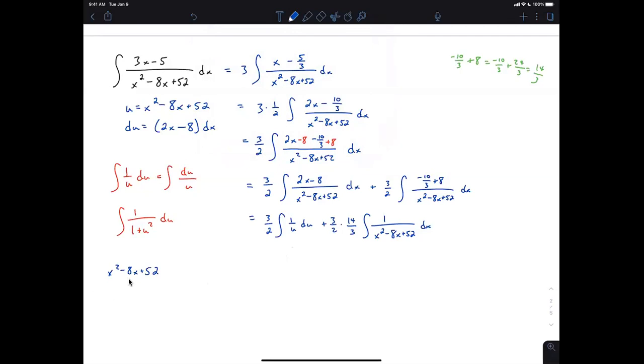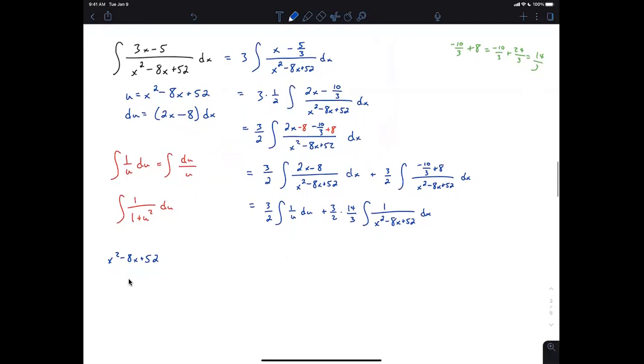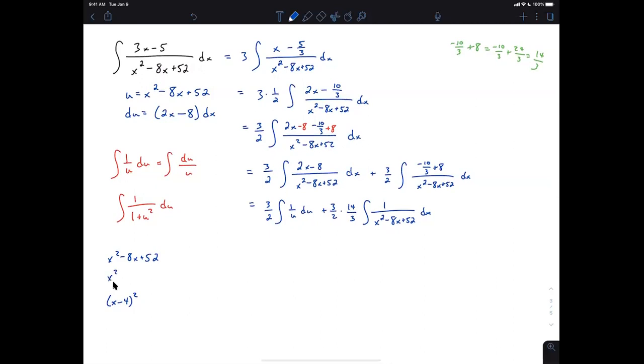Which one? It's the beginning of what squared? Just like we were doing down there. x squared minus 8x is the beginning of what? x minus 4 squared. So we're going to manipulate this to force in x minus 4 squared. Well, x minus 4 squared is x squared minus 8x plus what? 16.